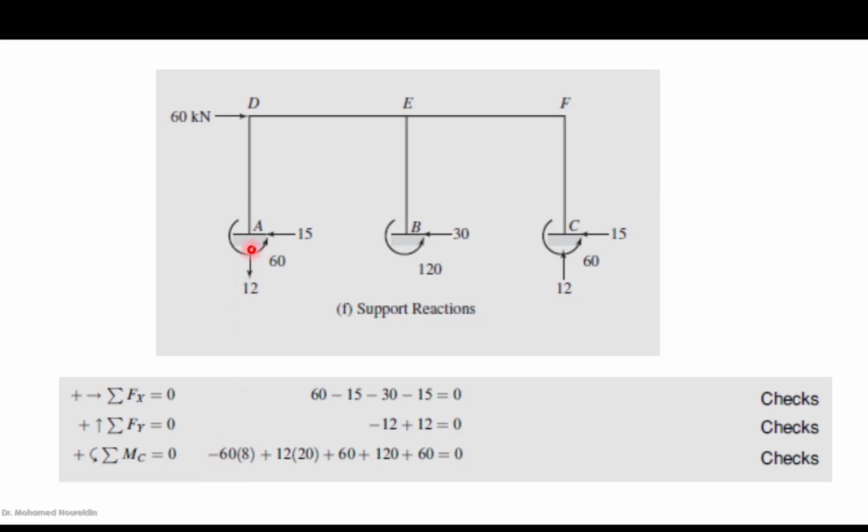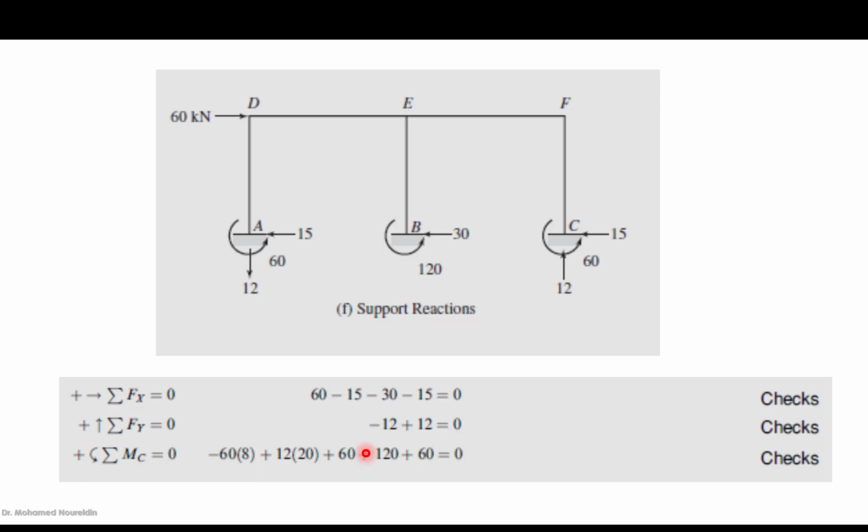And then we have 12 times 20, which is 2 spans, plus 60, which is the moment here, plus 120, plus another 60. If you check this, you're going to find it 0. This means that our assumption and our procedure was right. This is the final step for you to be 100% sure that what you have done is right.